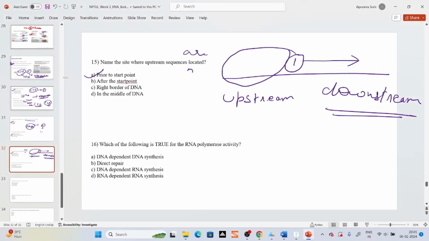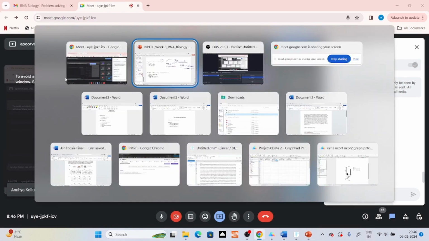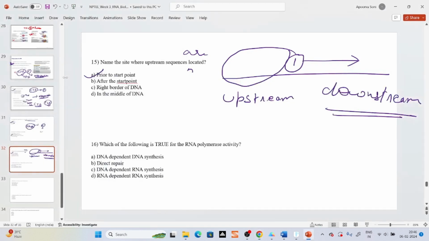What is the correct answer? C. Okay, Tejaswini, Jahanara, you all are right. So C is the correct answer.